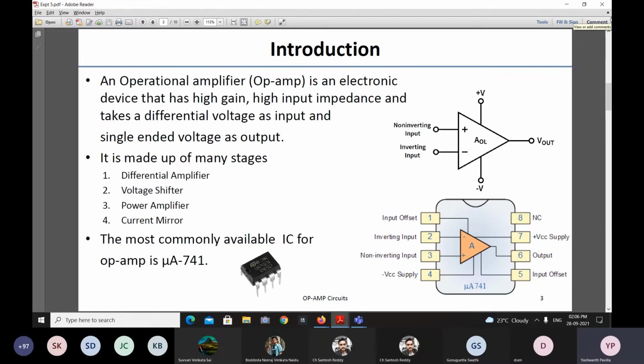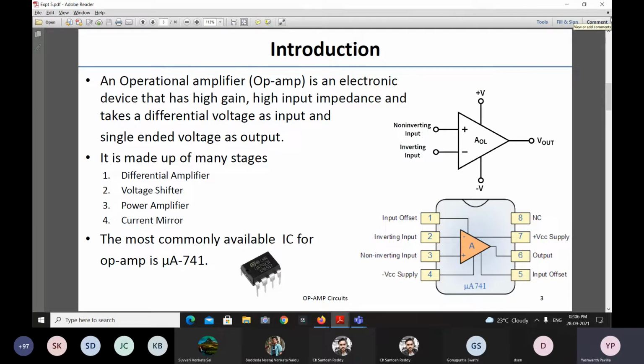So firstly, an operational amplifier is not a new component. It is basically made up of a handful of transistors and a few supporting passive components, which are connected in a particular configuration, ultimately to give us a few unique properties, such as very high gain.